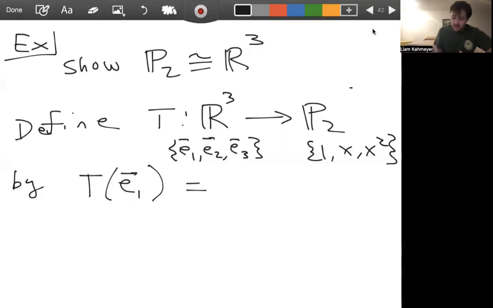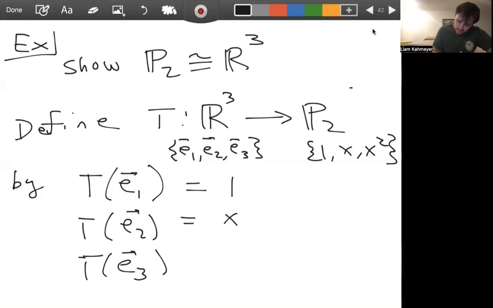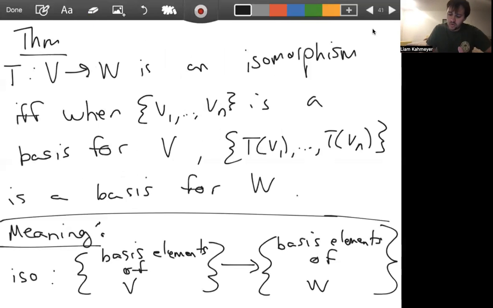So let's define T of E1 to be 1, T of E2 to be x, and T of E3 to be x squared. This is a transformation that maps basis elements to basis elements uniquely. Therefore, it's an isomorphism by the previous theorem, which is pretty cool.